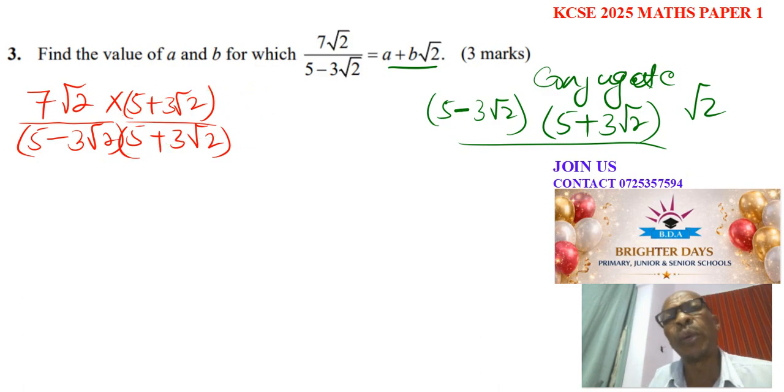What has happened is that we are able to get rid of the surd in the denominator. So we can equate this to a plus b root 2.